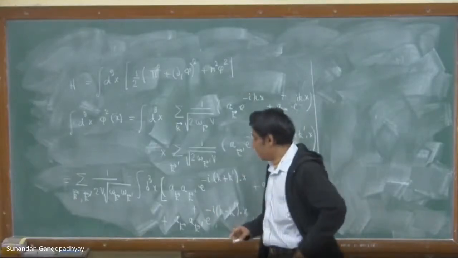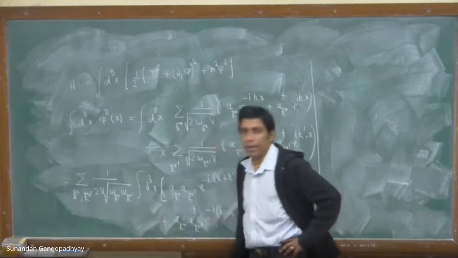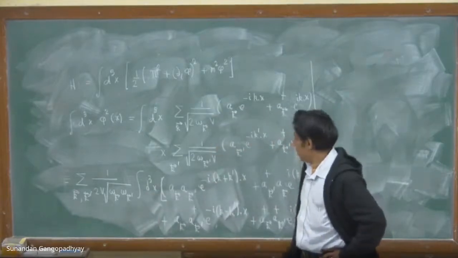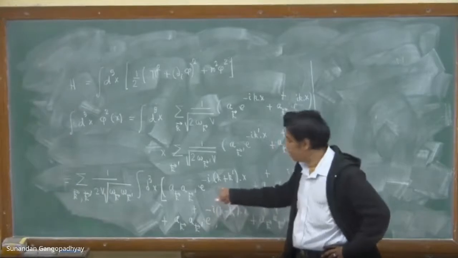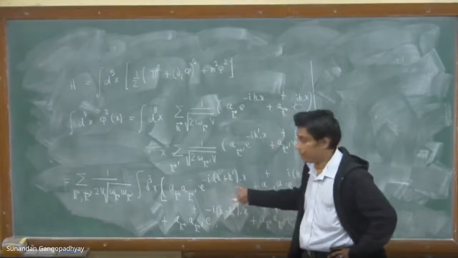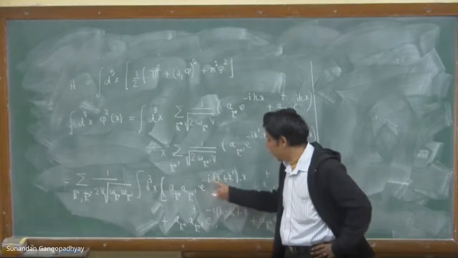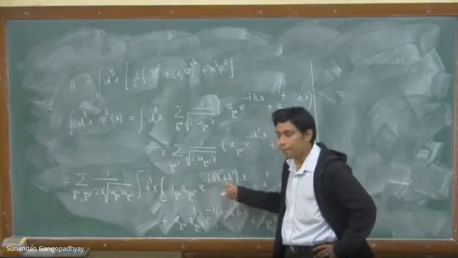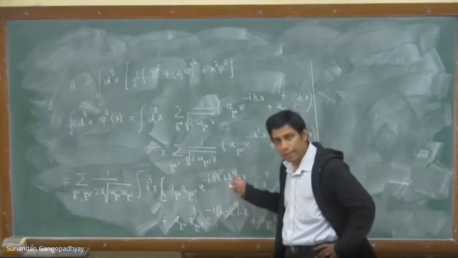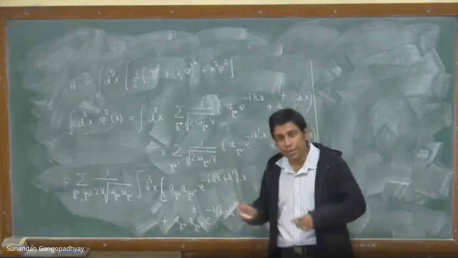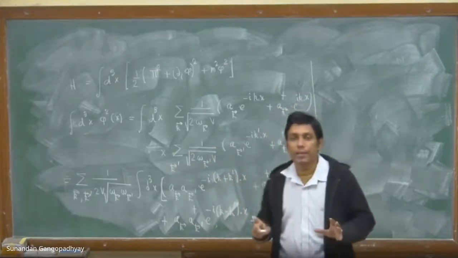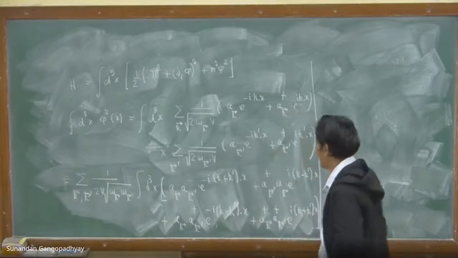Okay, not the x mu. So you have to be careful in this term. What you have to do is you just have to take out the time part, which will be e to the power minus i (omega k plus omega k prime) multiplied by time t, and then you have the three momentum part, and if you integrate that, from there you will get the Kronecker delta.